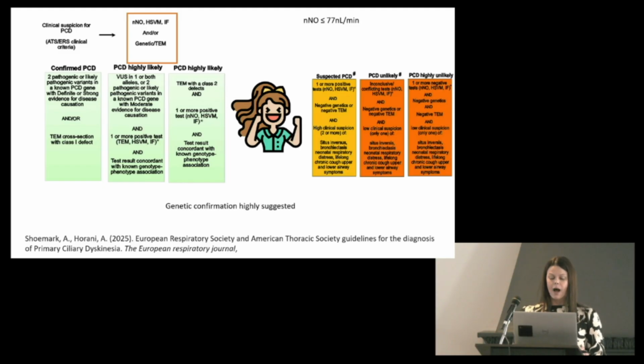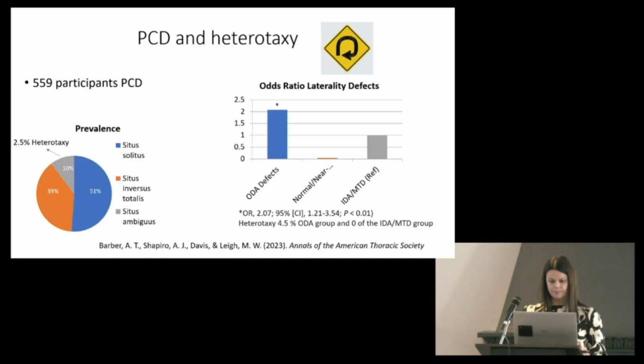And so for these patients who have a strong clinical phenotype and whose genetic testing or ciliary ultrastructure is non-conclusive, but have one of these adjunct tests, could be classified into this category. They also provide suspected PCD, PCD unlikely, and PCD highly unlikely guidelines.